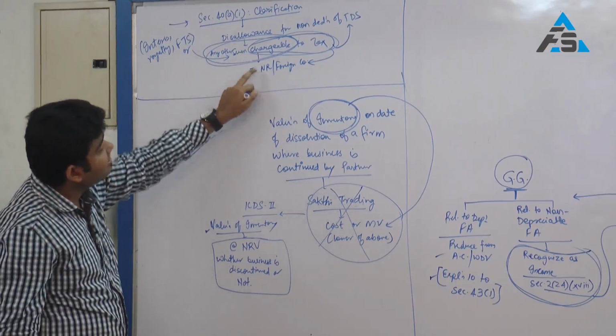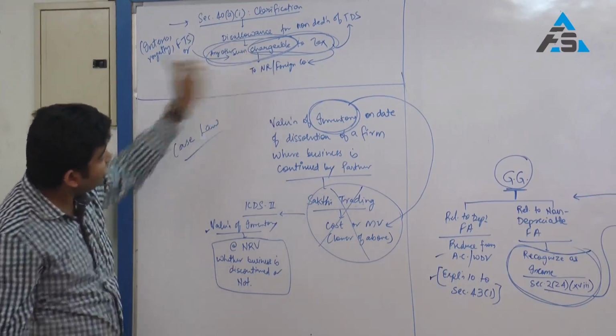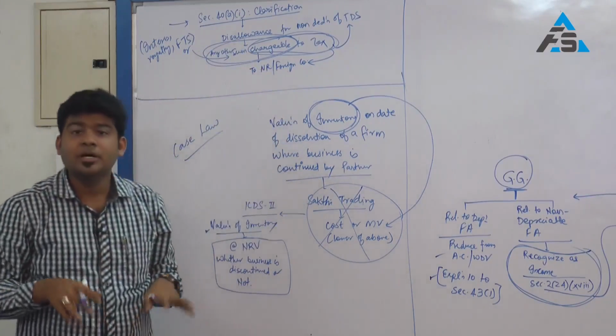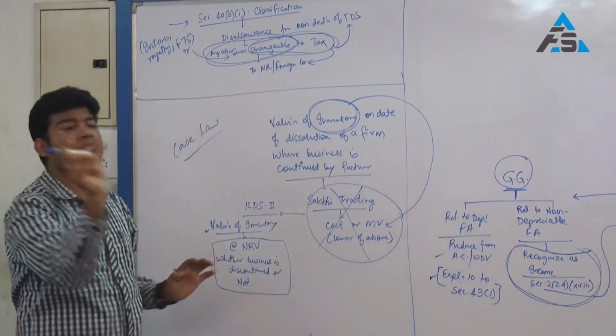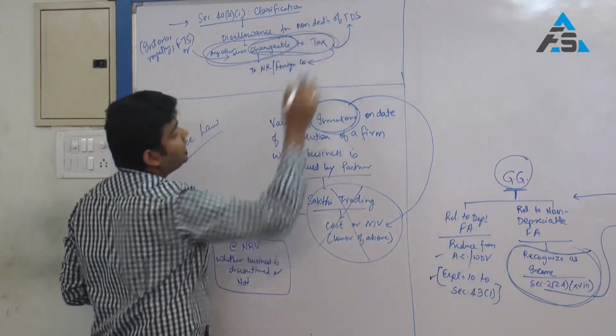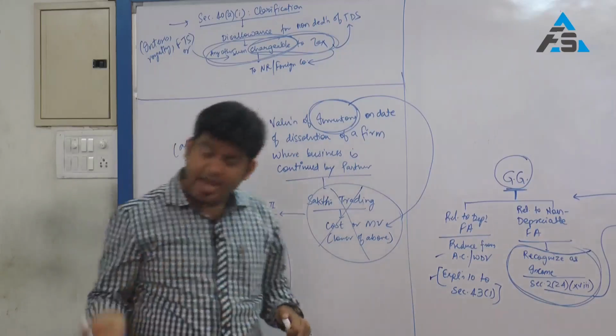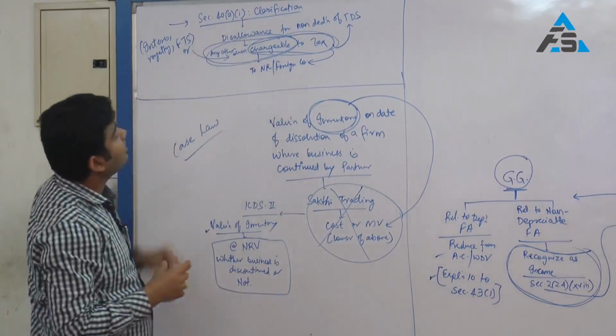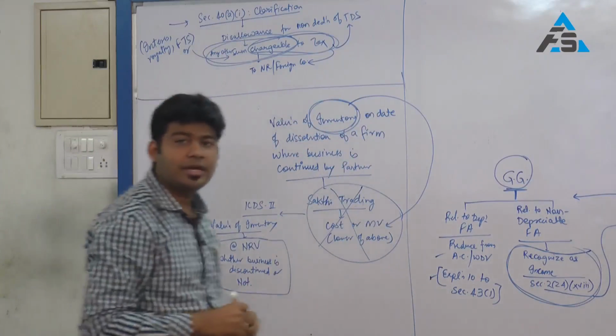This expenditure will not be liable to TDS if the non-resident or foreign company which is receiving it as an income is not liable to pay tax on that particular income. No point of deducting TDS, and you will still get a fully allowable expenditure as per the clarification given by section 40A(1).